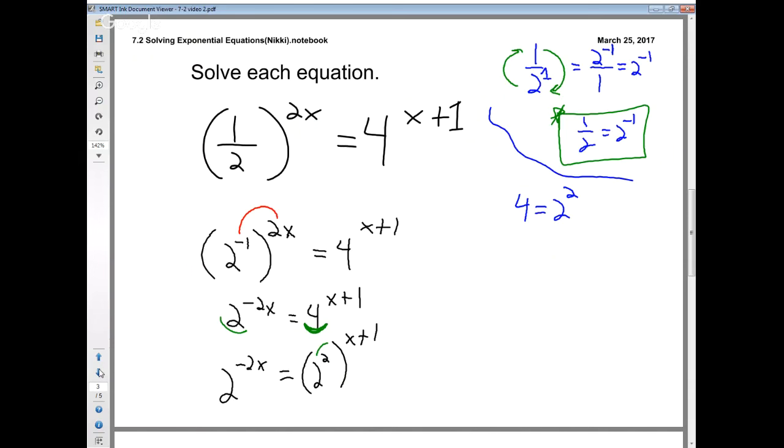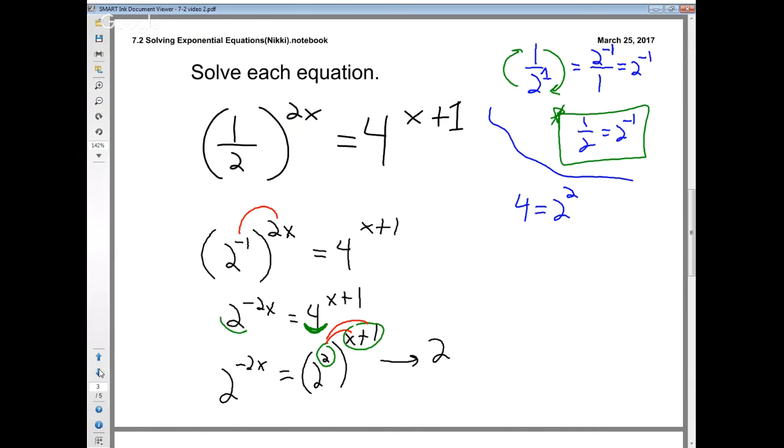And again, don't forget, if you have a 2 being multiplied to an actual expression, in this case x plus 1, the 2 needs to be distributed to the x and to the 1. So let's go ahead and do that over here.